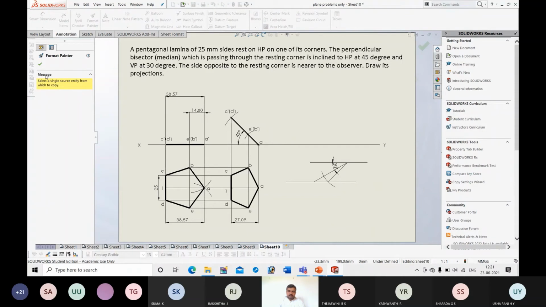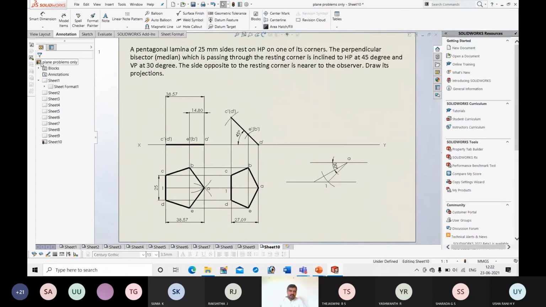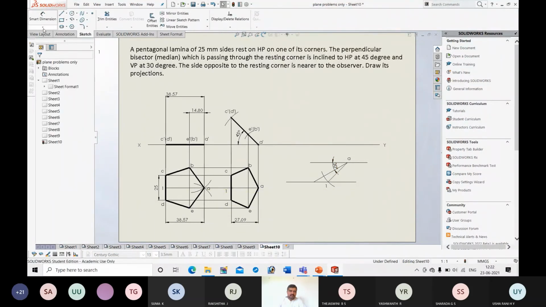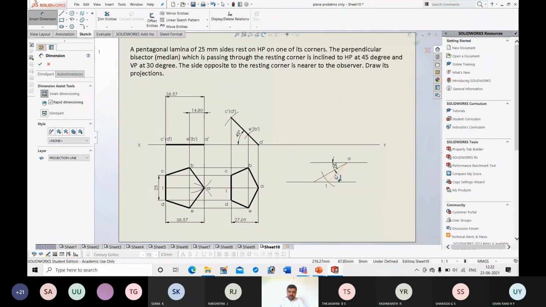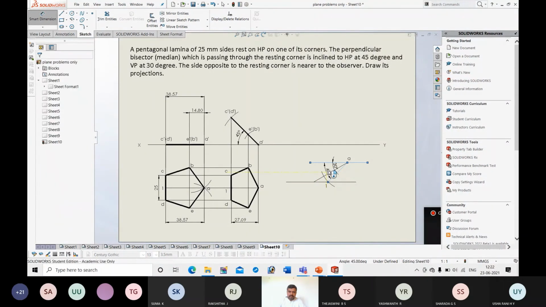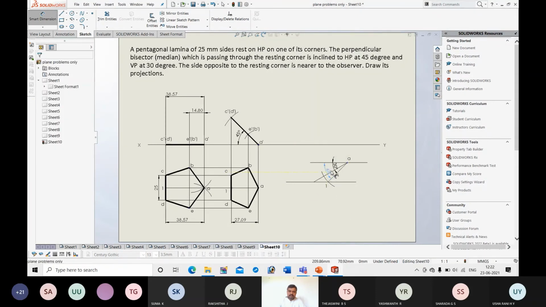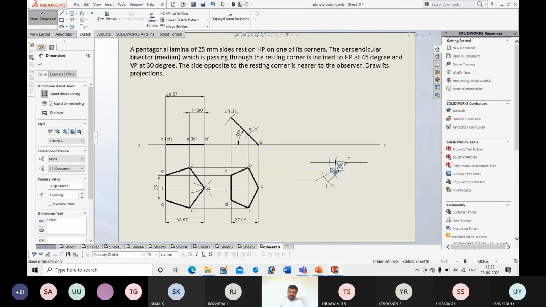This is point A and this is point 1. Next, I can measure the beta angle. It is 45. If true inclination is 30, you will get beta as around 45 degree. Always it will be in the same proportion.